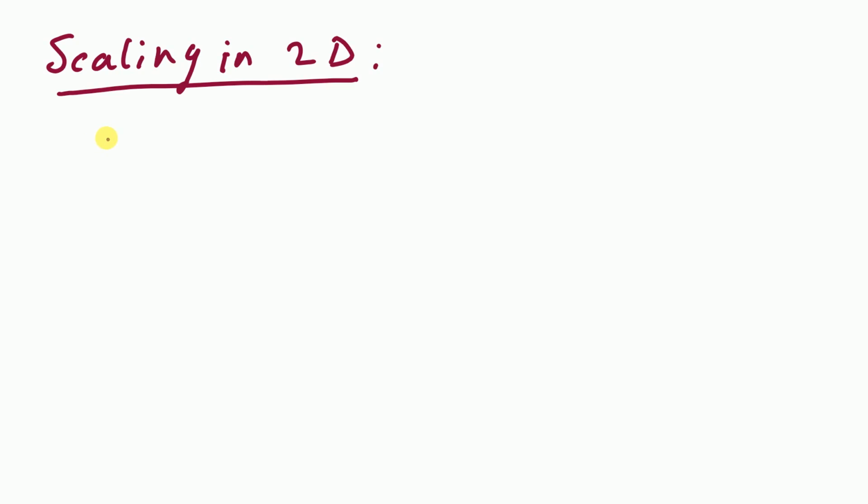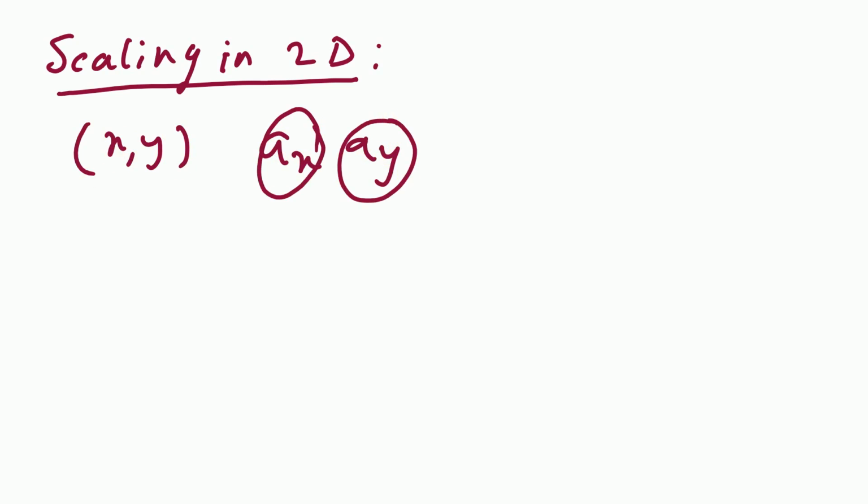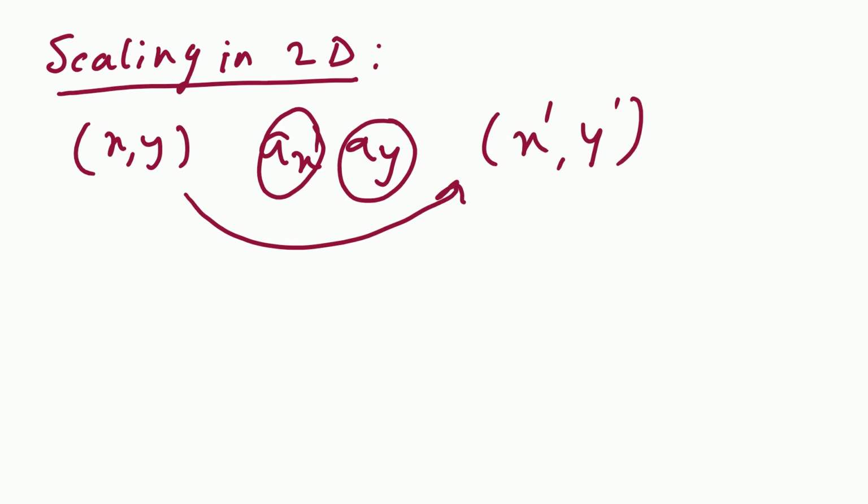The point x and y is to be scaled by amounts ax and ay, which are the scaling parameters along the x-axis and along the y-axis. This point xy is transformed into a new dimension, represented by x dash and y dash.